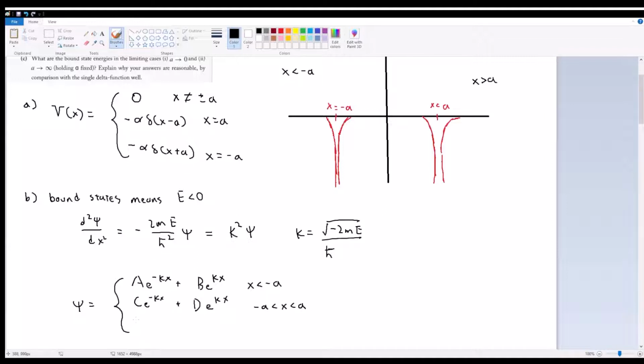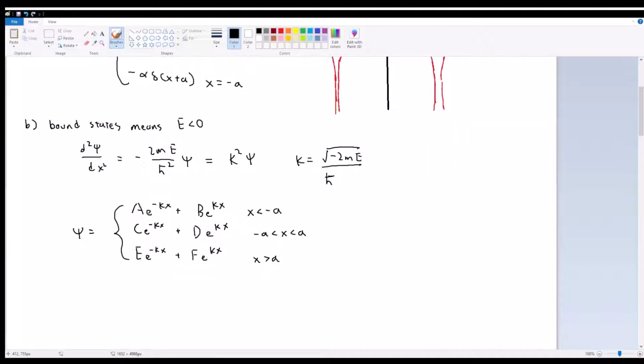And we have E times e to the negative kx plus F times e to the kx when x is greater than a. And if you don't remember how to solve this sort of differential equation, go back to the section video, where we go through this derivation in detail.